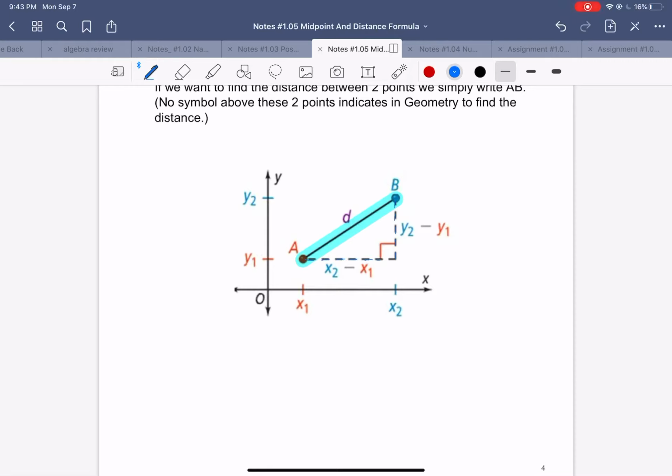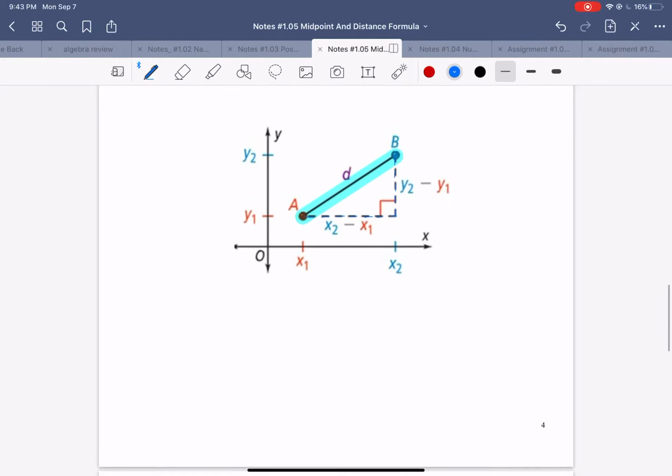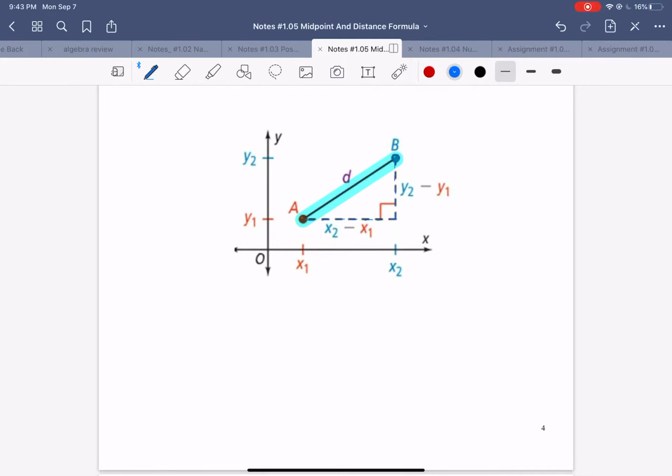So there are two ways to find distance on a coordinate plane. We can use the distance formula, or we can create our own triangle and use the Pythagorean theorem, because the distance formula is actually derived from the Pythagorean theorem.